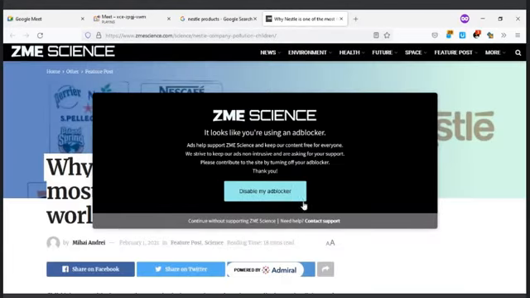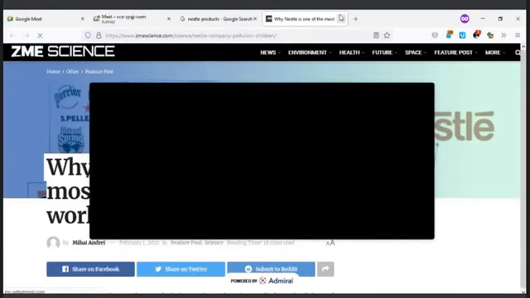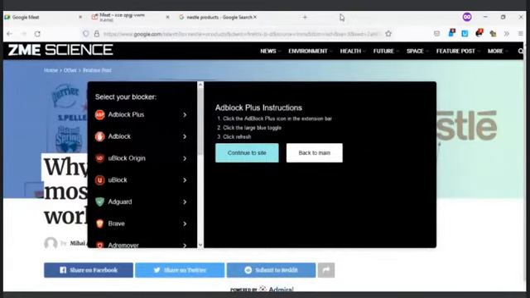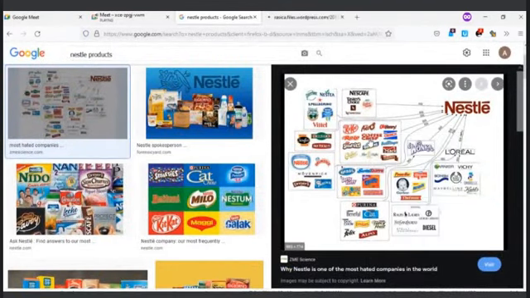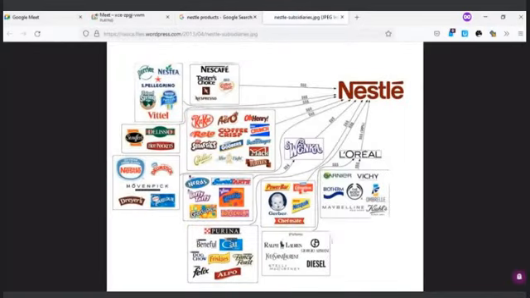And then they have blocked this one. So you wouldn't ideally believe that L'Oreal comes from them.